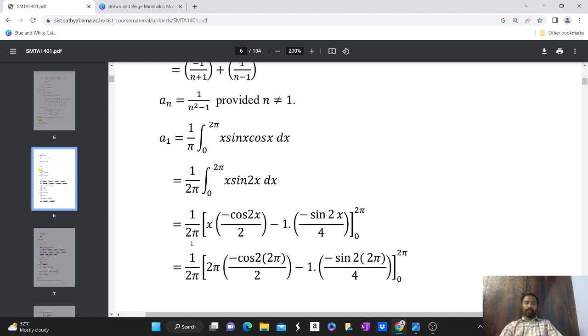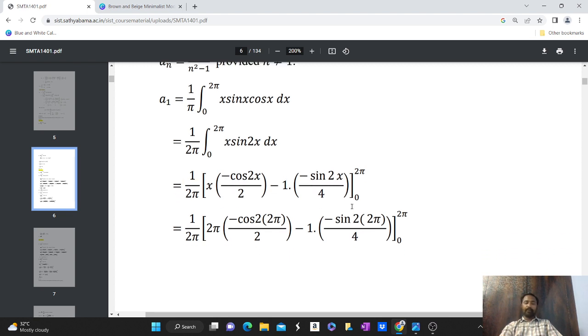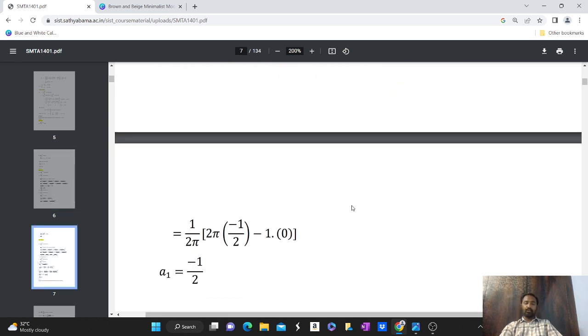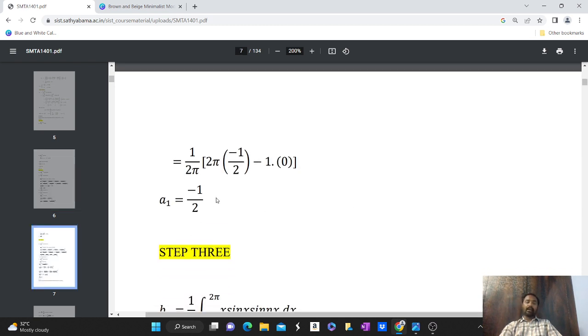So 1 by 2 pi, here Bernoulli's equation, x into minus cos 2x by 2, that is u into v1. v1 means integration of sin 2x is minus cos 2x divided by 2. And again u dash, so x dash means 1 and again integration is minus sin 2x divided by 4. Substituting upper limit 2 pi and lower limit 0, we get the value a1 as minus 1 by 2.